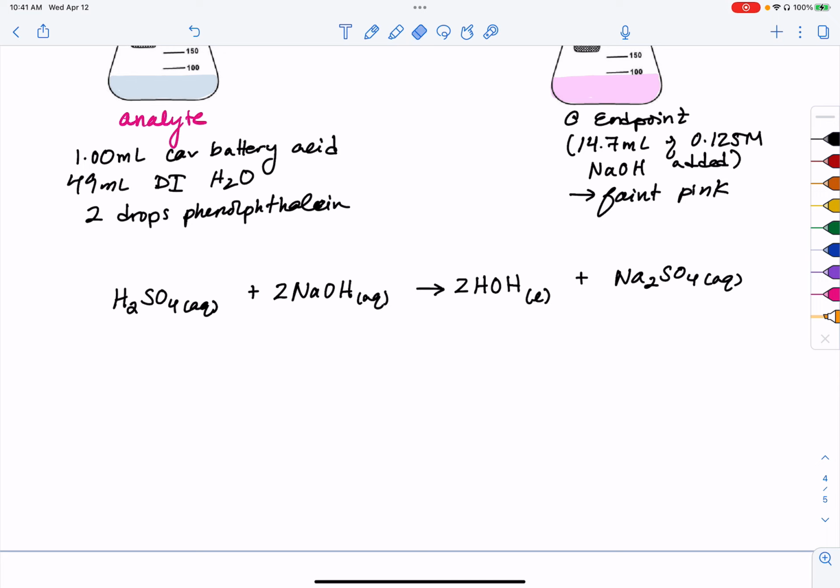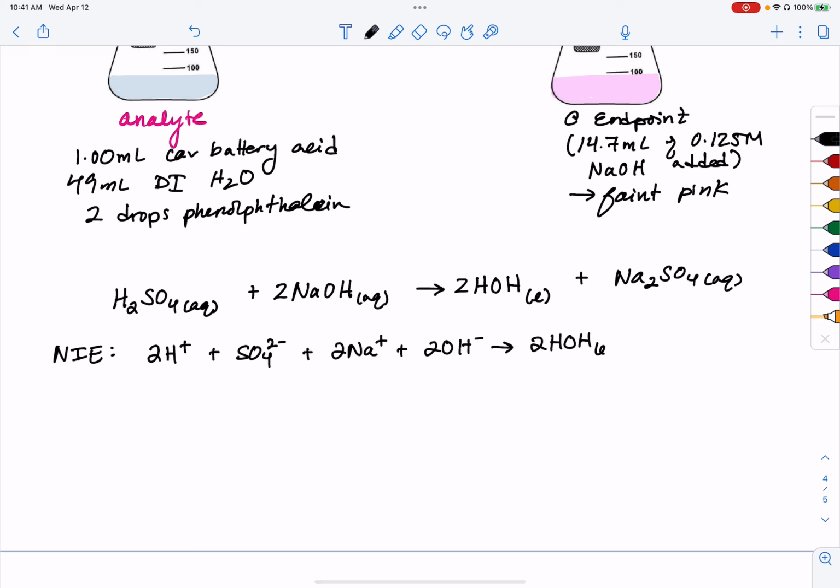And now, if I were to write my net ionic equation, starting with only my complete, I would have two H pluses coming together with one SO4, two Na pluses, and two hydroxides to form two HOH liquids. Everything else is aqueous: two Na plus and one SO4 2 minus.